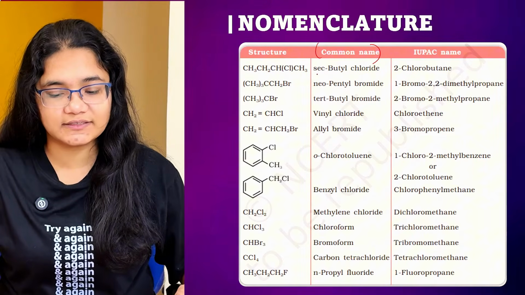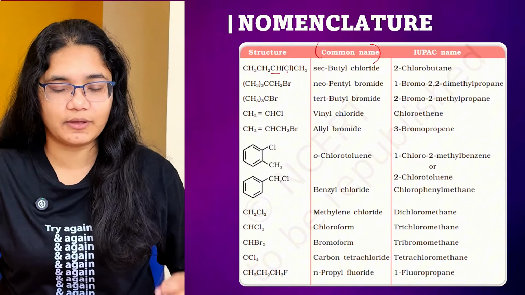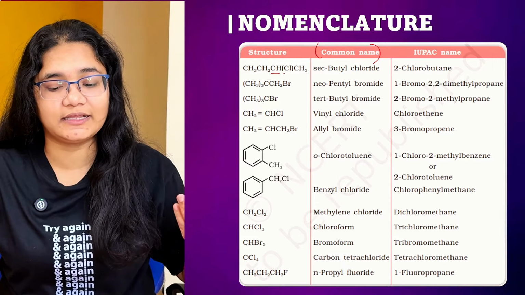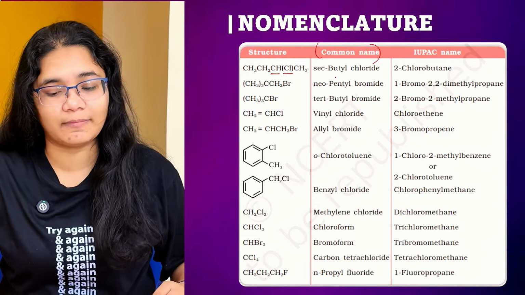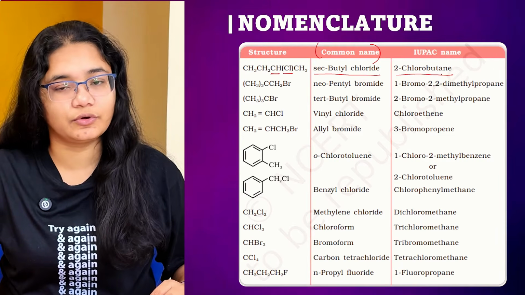So first let's discuss some common names. If you have a secondary chloride, meaning a secondary carbon containing the Cl group, and it is a 4 carbon compound, then the common name is sec-butyl chloride and the IUPAC name is 2-chlorobutane.